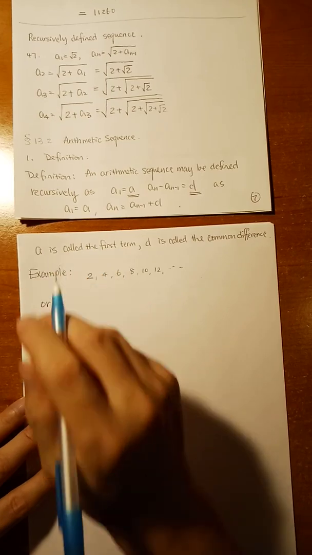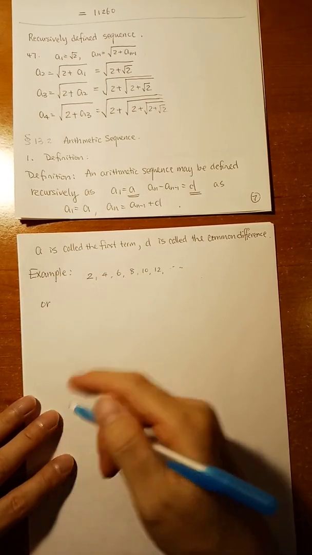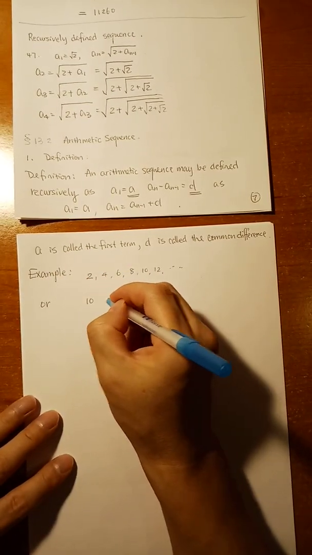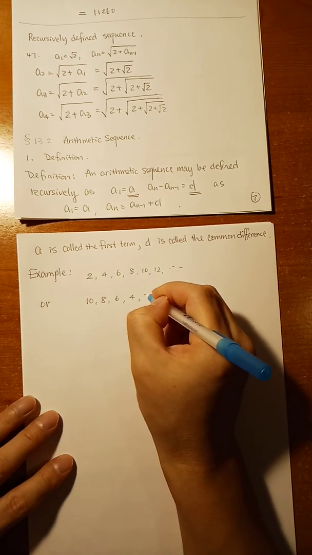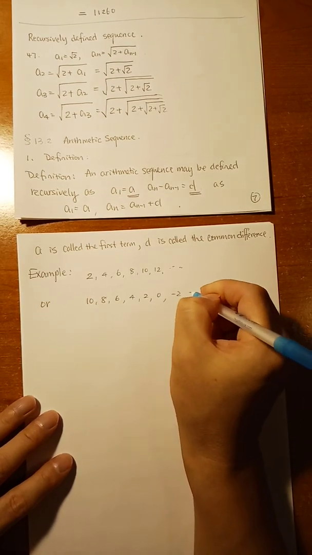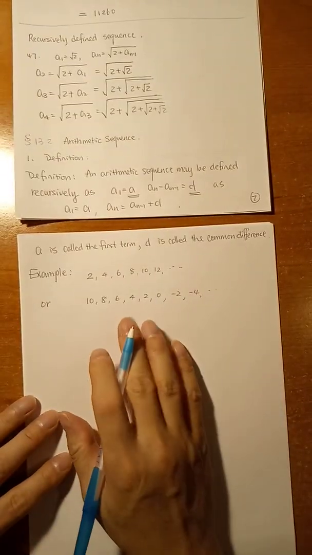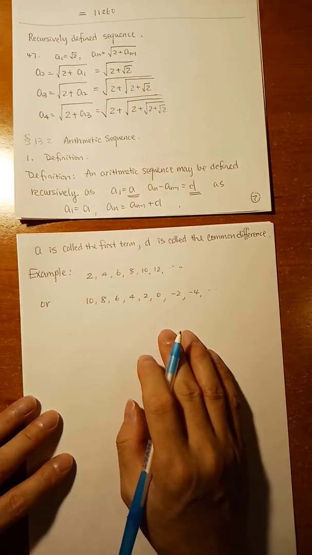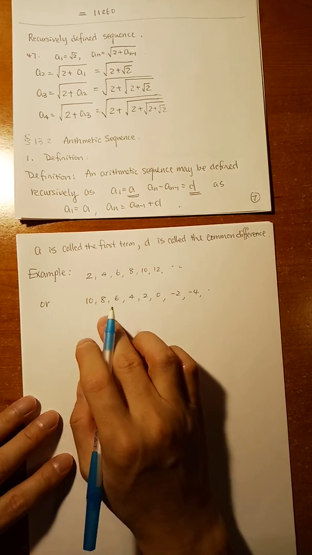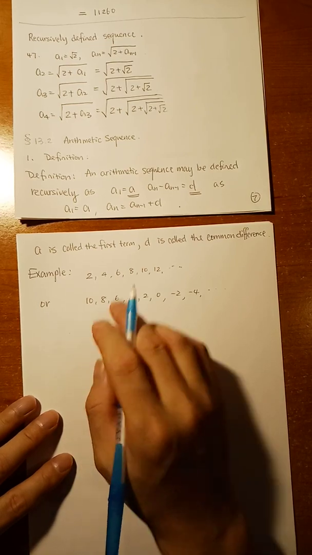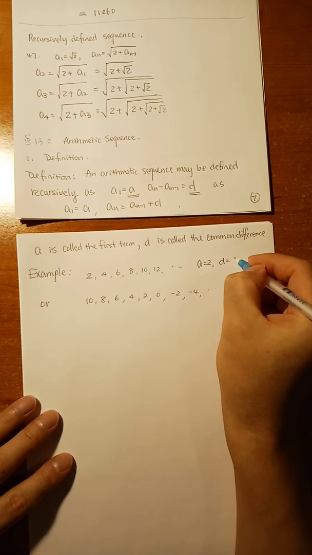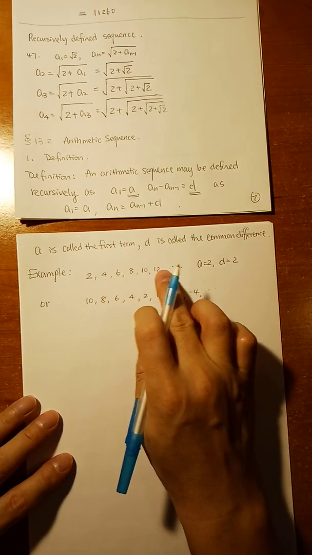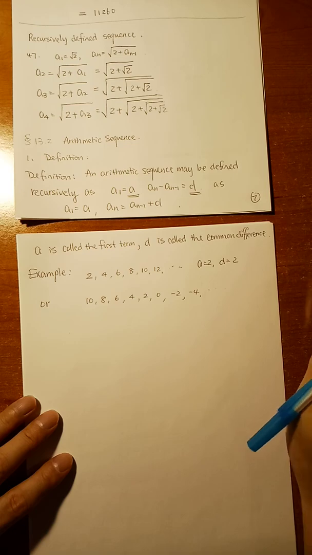Or it's not always increasing. Maybe you have 10, 8, 6, 4, 2, 0, -2, -4. This time the common difference becomes negative. So here you actually add a negative number. Before you add a positive number: a is equal to 2, d is equal to 2, you get 2, 4, 6, 8, it goes up.